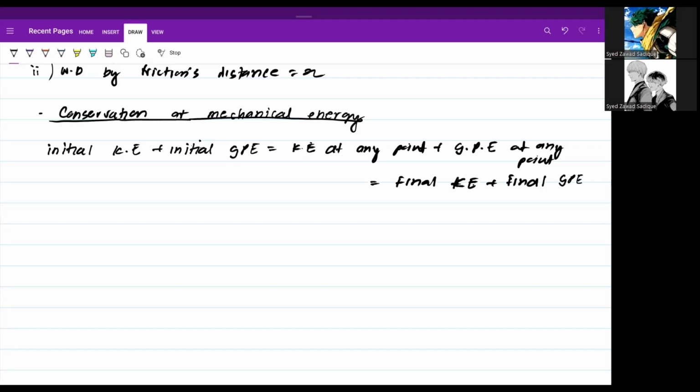So again, this is the conservation of mechanical energy.